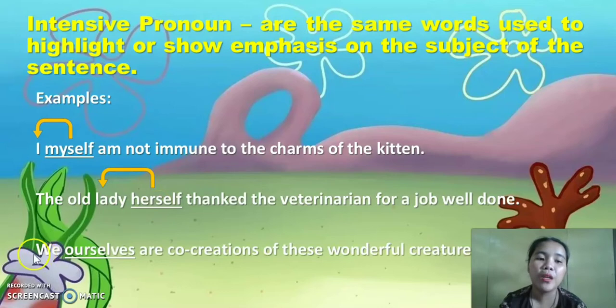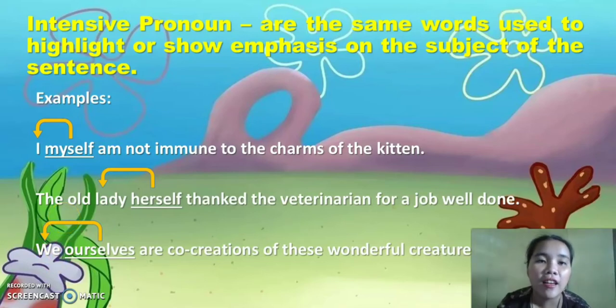Another example, we ourselves are co-creations of these wonderful creatures. So the intensive pronoun is ourselves, referring to the antecedent we. Again, it is right next after to the antecedent.